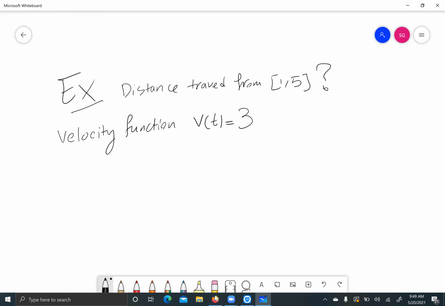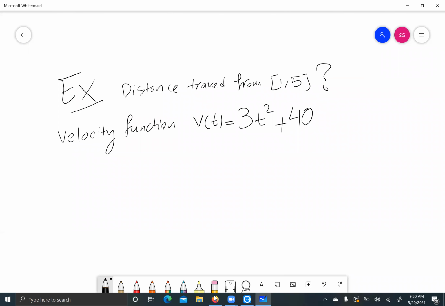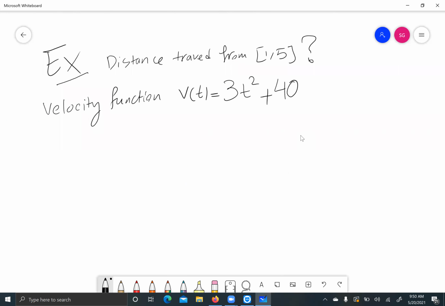The formula is v of t equals 3t squared plus 4t. Then the distance traveled on this interval is going to be the integral of v of t dt from 1 to 5, right?